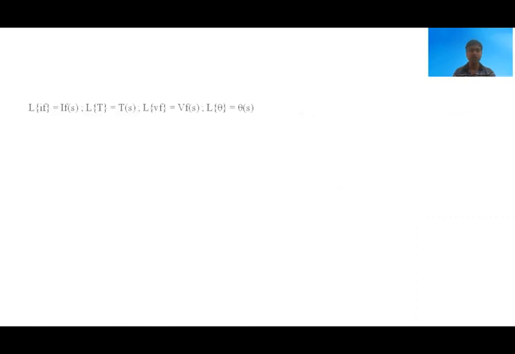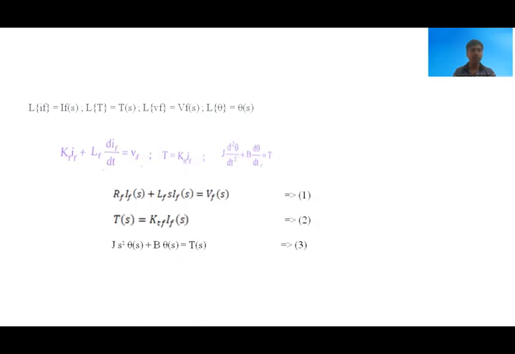Now if we apply the Laplace transform on both sides of the obtained equations, we will get the first equation Rf If of s plus Lf into s If of s is equal to Vf of s, and the second equation is T of s is equal to Ktf If of s.